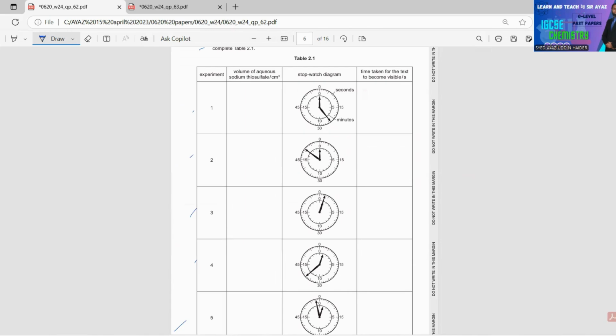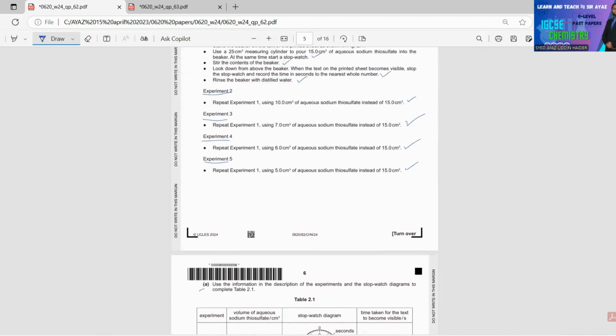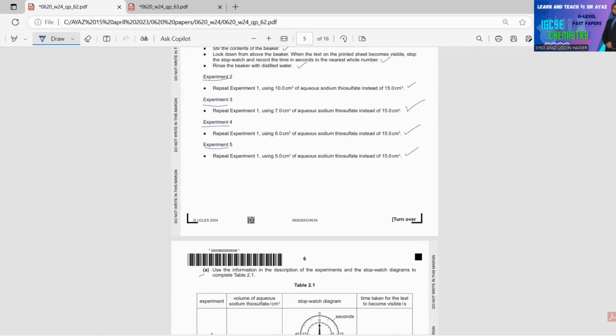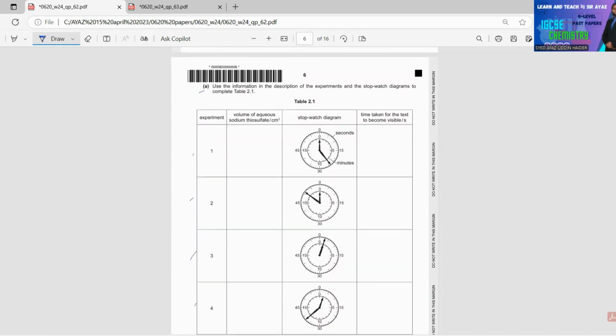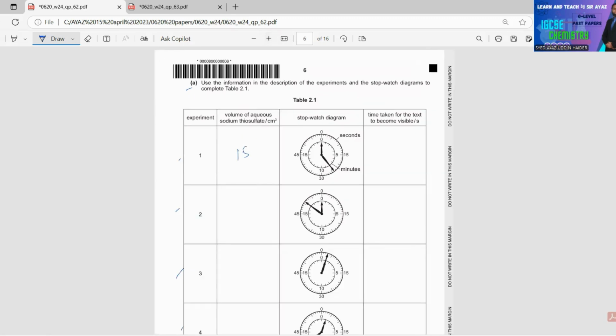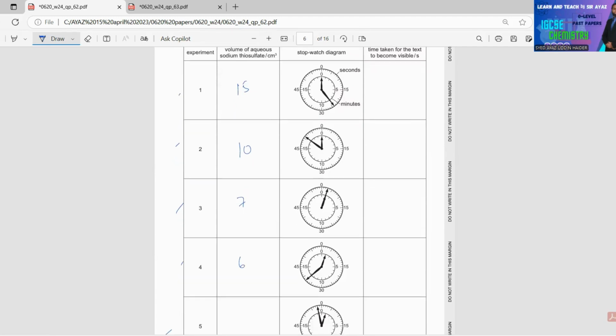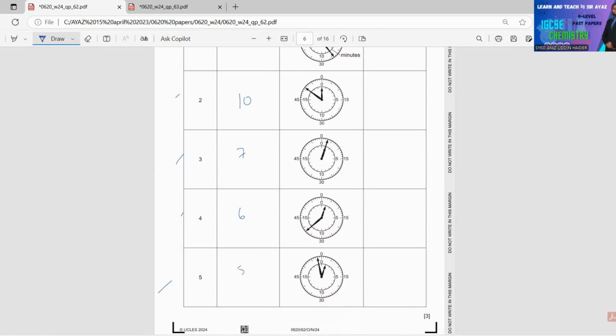In experiment 1 we have 15, in 2 we have 10, then 7, 6, and 5. So I'm writing down the volumes used here: 15, 10, 7, 6, and the last one, 5.